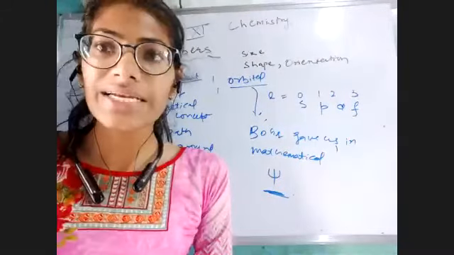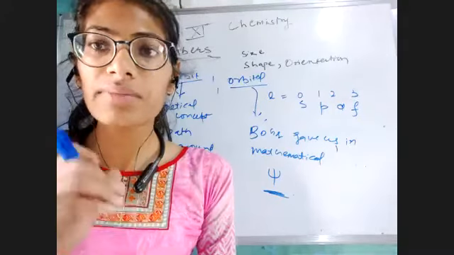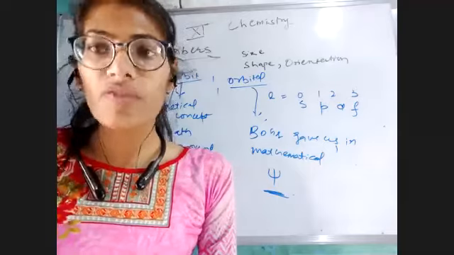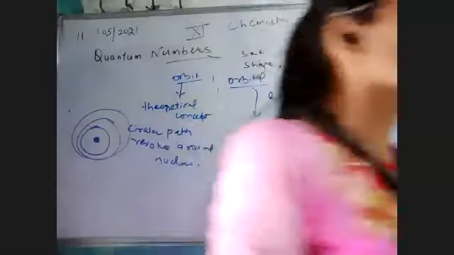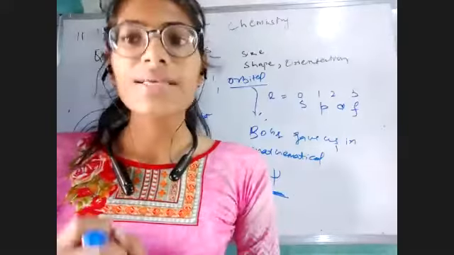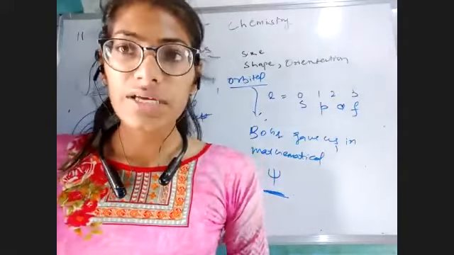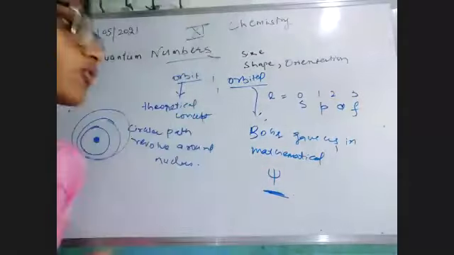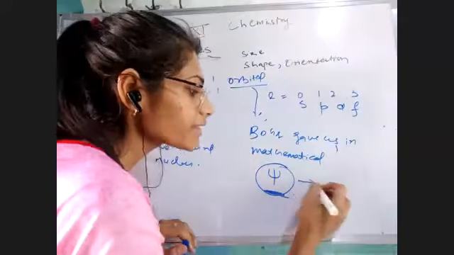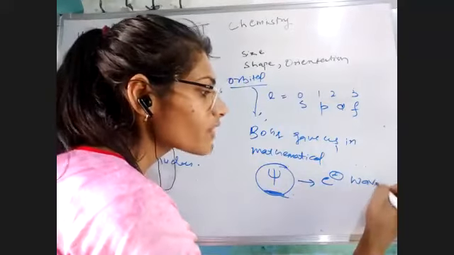Psi was represented as a quantum mechanical mathematical formulation. So orbital could be defined as a quantum mechanical concept that is known as psi. I will repeat it again: orbital is a quantum mechanical concept which gives us the value of an electron wave function.